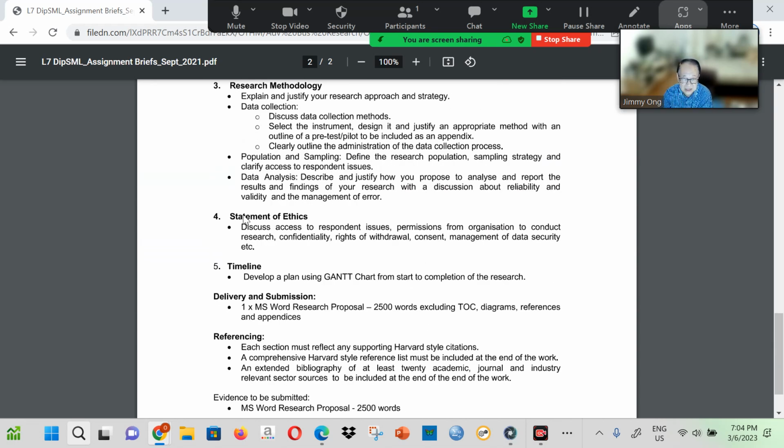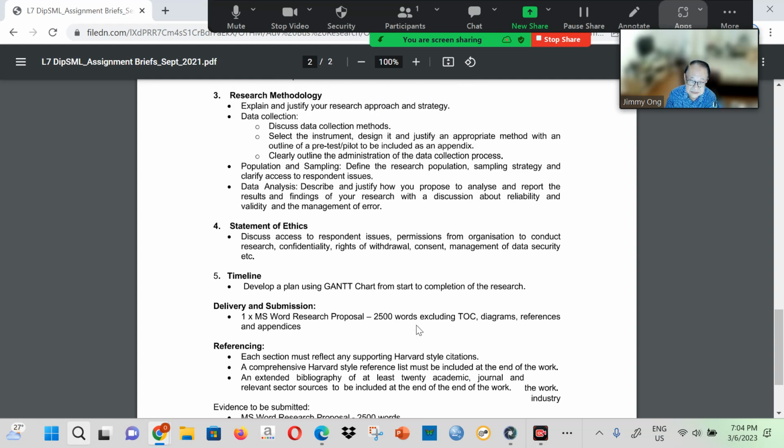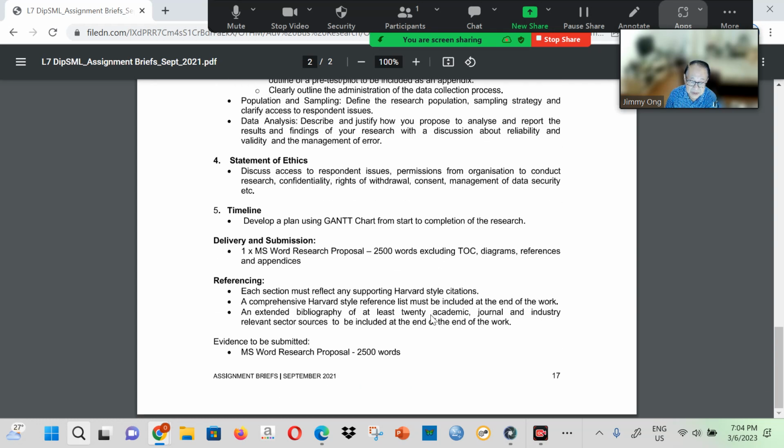If you mention some ethical considerations in your assignment but you don't have a timeline, you don't declare how you organize to manage the whole research process, then it is not possible to pass. The evidence to submit must be in Word form, a proposal of 2005 words, right?